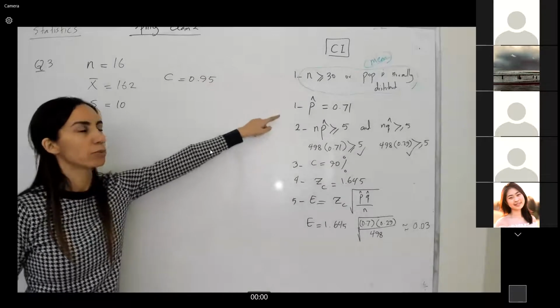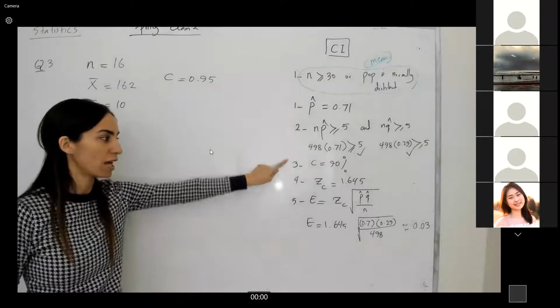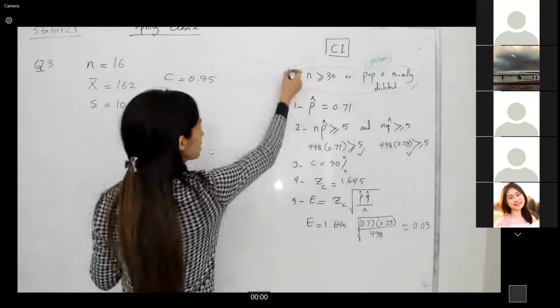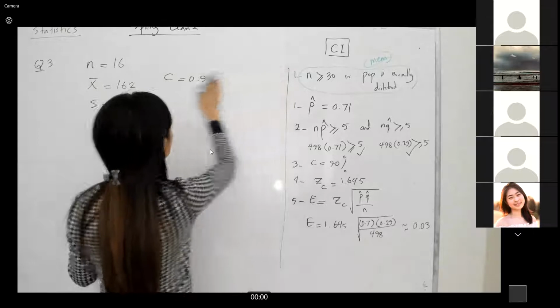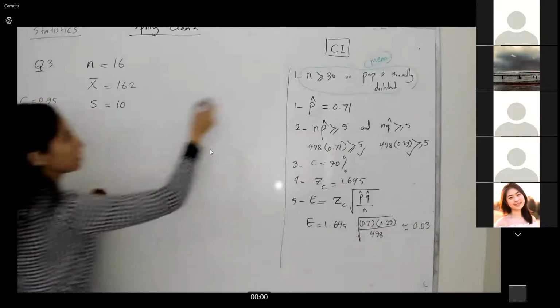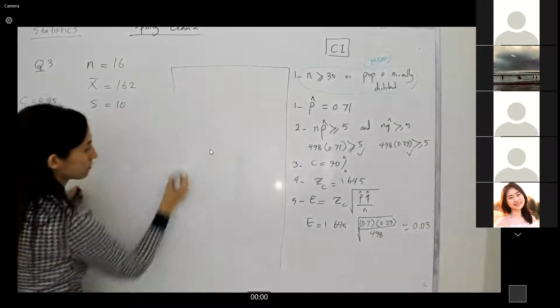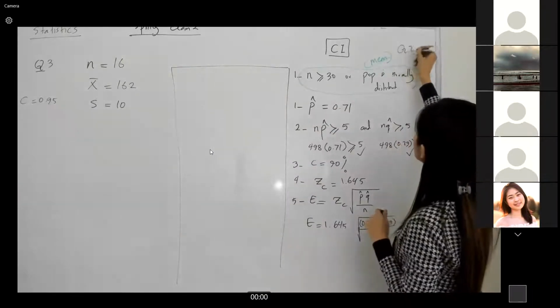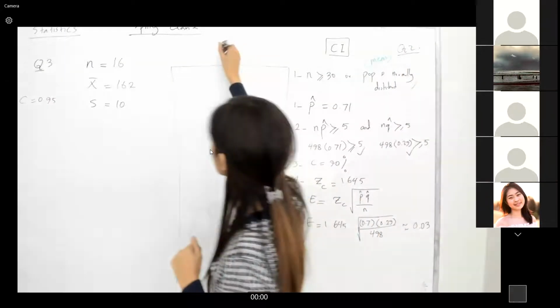We had proportion. That's why our formula was different. So let me write this down next to this so you know we are using different steps. So this is for question 2. Now we moved on to question 3.